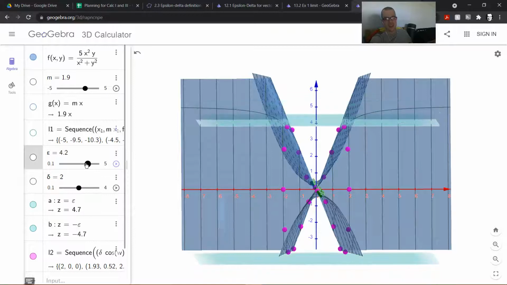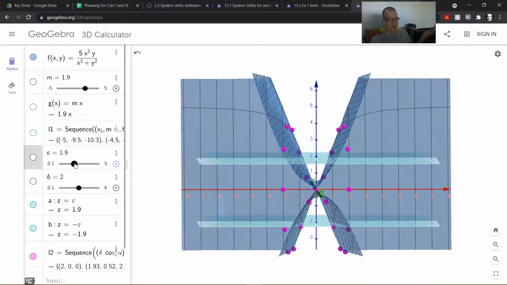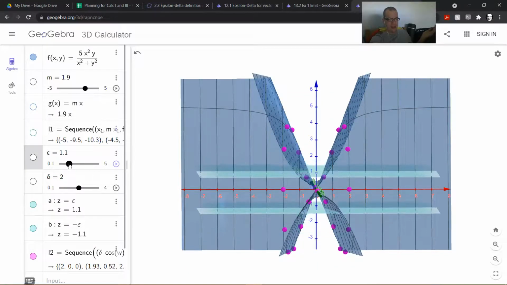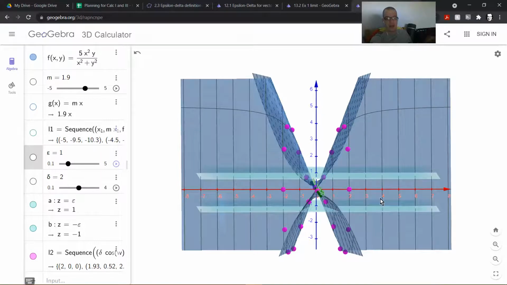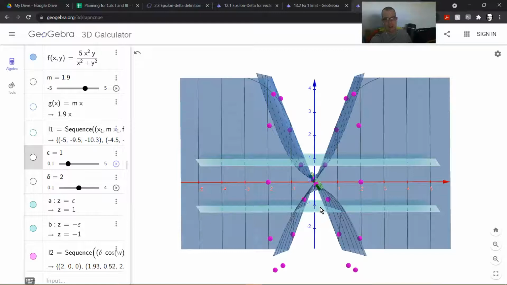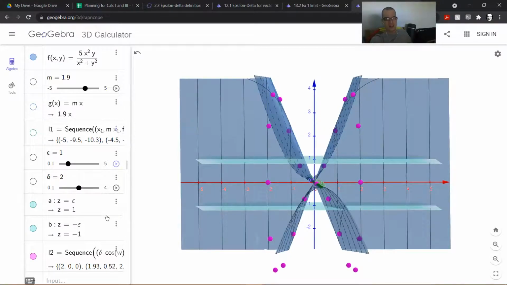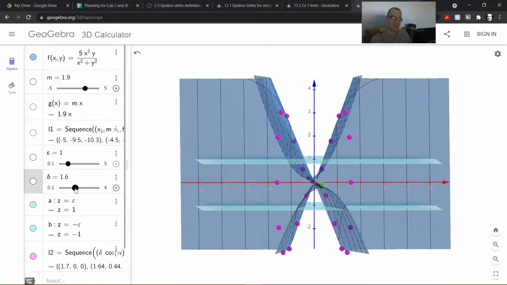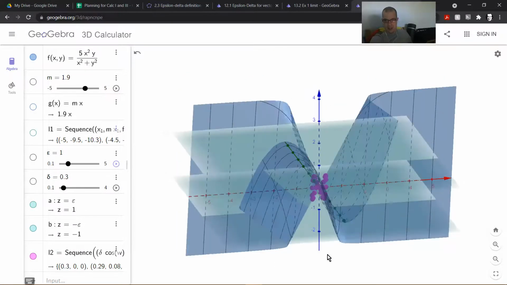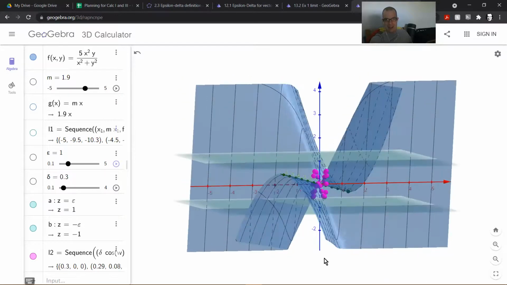The problem arises when we shrink epsilon, and we want to be able to shrink epsilon to an arbitrarily small number. But if we shrink epsilon down, well, now we've got z values that are outside of our epsilon bound, and we need to shrink delta correspondingly. And I guess if we shrink delta down to 0.3, we've got it again.